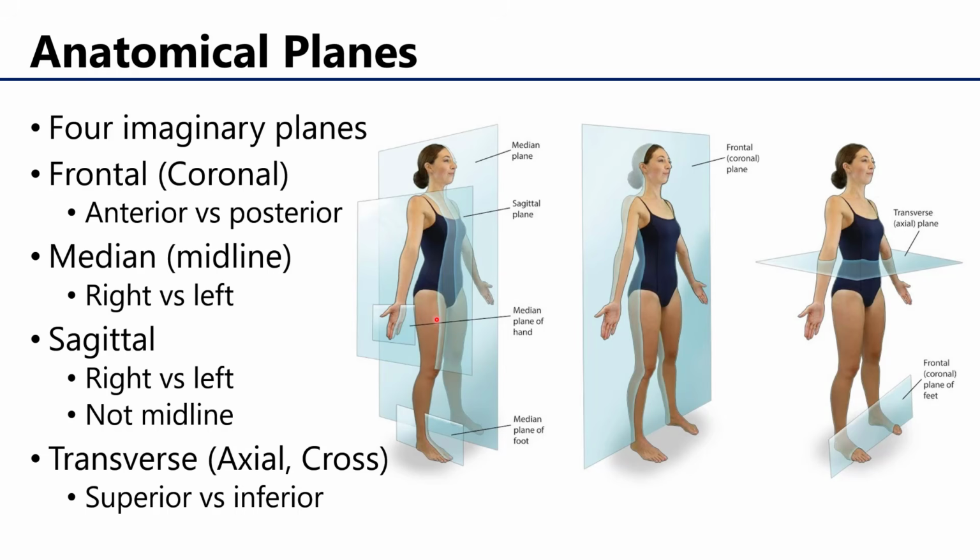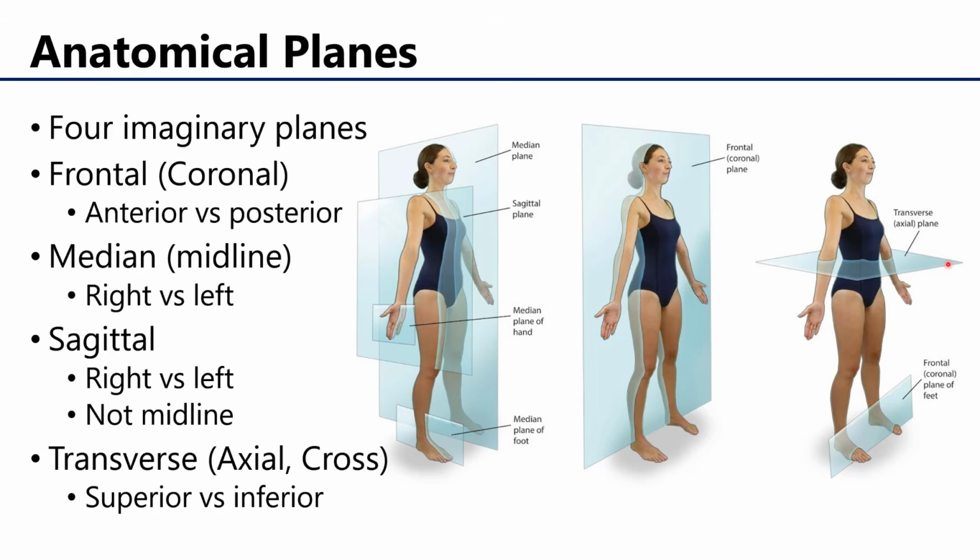Our final plane is a transverse plane, oftentimes referred to as either an axial view or a cross section. The transverse plane is going to set a boundary between something that's superior versus something that is inferior.